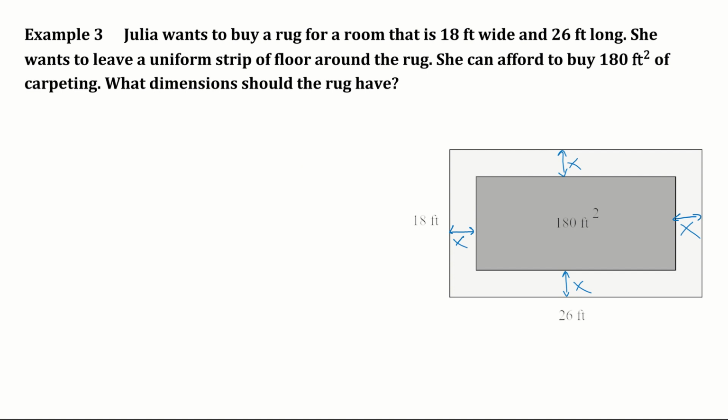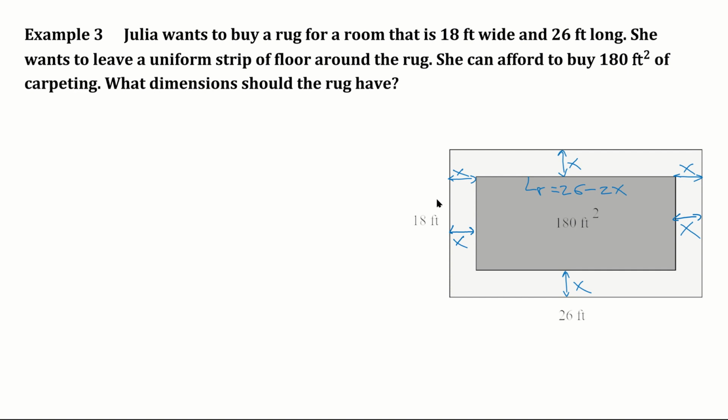Because notice, if this length is x, right? So is that length, and so is that length, right? So if we start with 26, which is the length of the room, and take away 2 of these x's, we should get the length of the rug, right? So the length of the rug is 26 minus 2x.